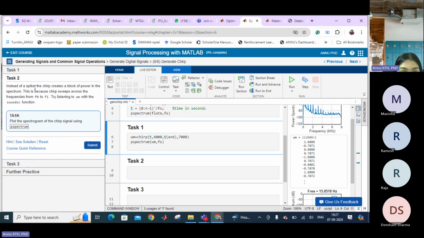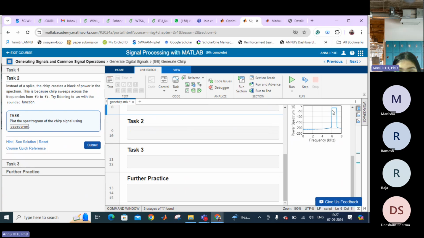Instead of a spike, the chirp creates a block of power in the spectrum. You can see here it is showing a block of power. This is because the chirp sweeps across the frequency from F0 to F1. Try listening to Wm using sound.